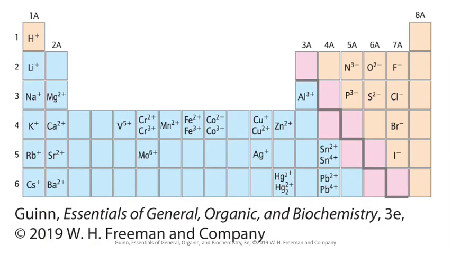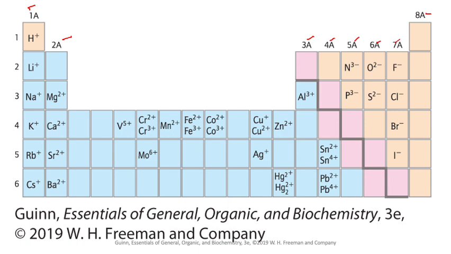So this is the periodic table, and the names of the elements are not given, but we know the main group elements are composed of group 1A, 2A, 3, 4, 5, 6, 7 and 8. So these 8 groups consist of the main group elements. And if we know how many valence electrons you have in these groups, as we already talked about in the previous chapter, the group number normally tells you how many valence electrons you have.